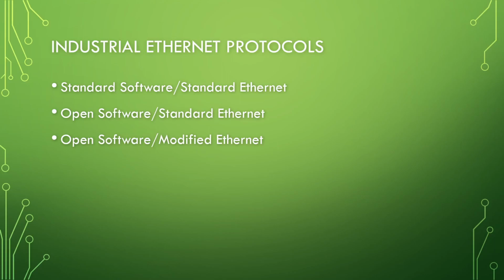And then we have open software, modified Ethernet, and this is based on standard Ethernet hardware. It uses new protocols and additional complementary hardware to ensure determinism. This is what EtherCAT, SERCOS III, and PROFINET IRT use, but they do so with different hardware and transport mechanisms.